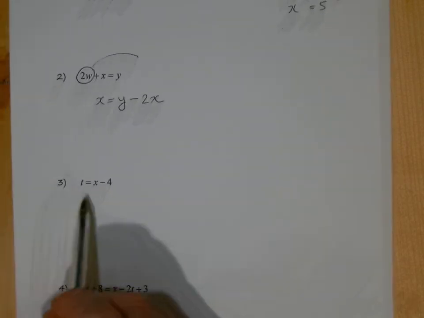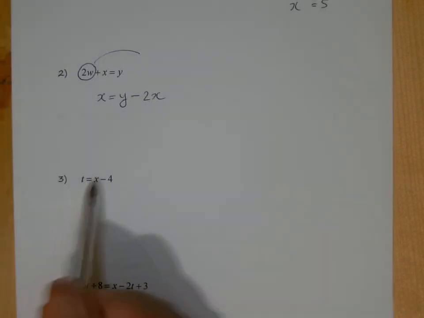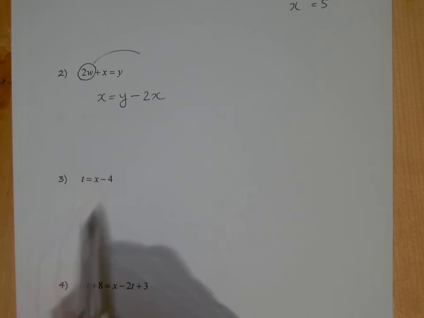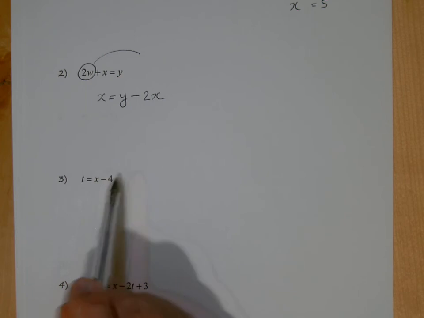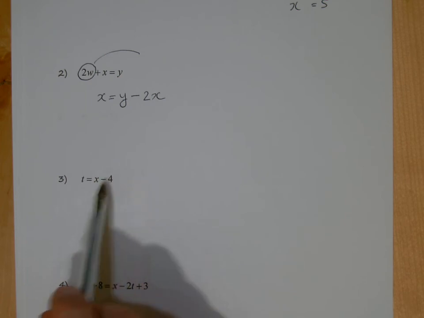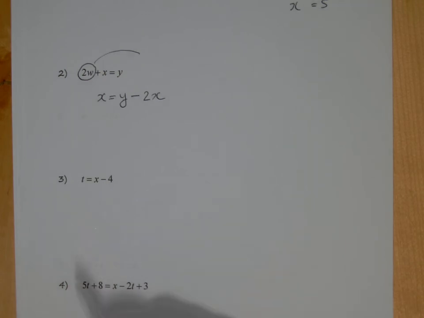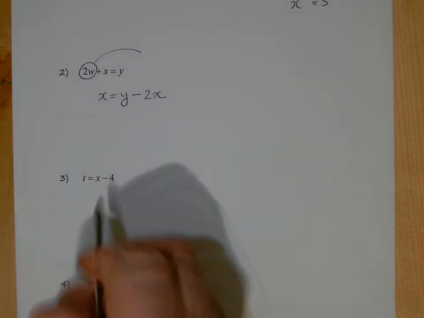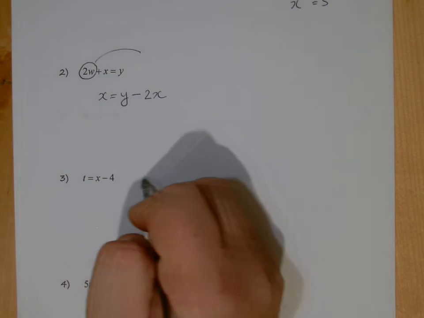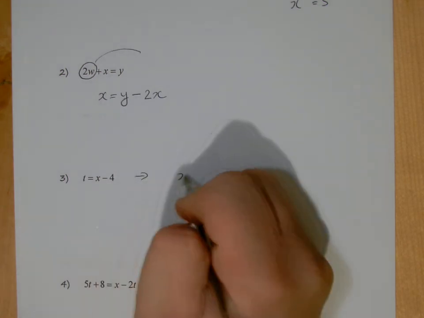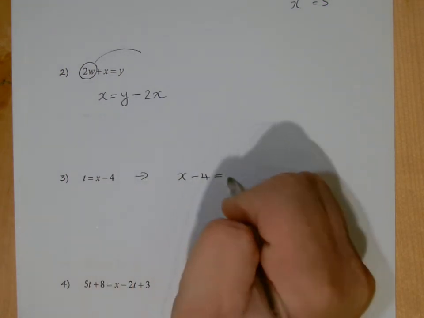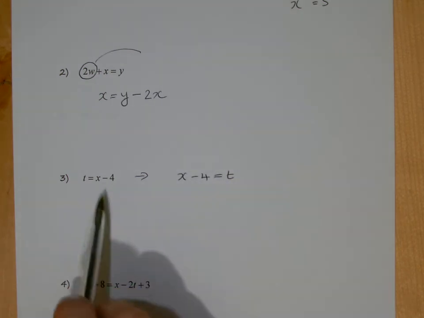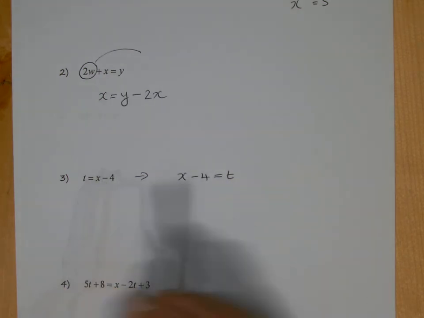So look at number 3. This one might look simpler because we've just got t here and x here. The issue is that the x is on the right hand side, and we don't really like that with equations. We like to have our x on the left. What I'd advise you to do in this case is just rewrite this as x minus 4 equals t. Read it backwards and write it that way.